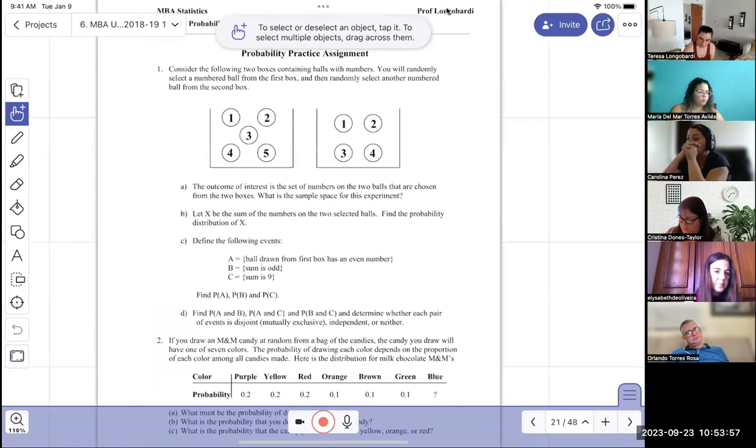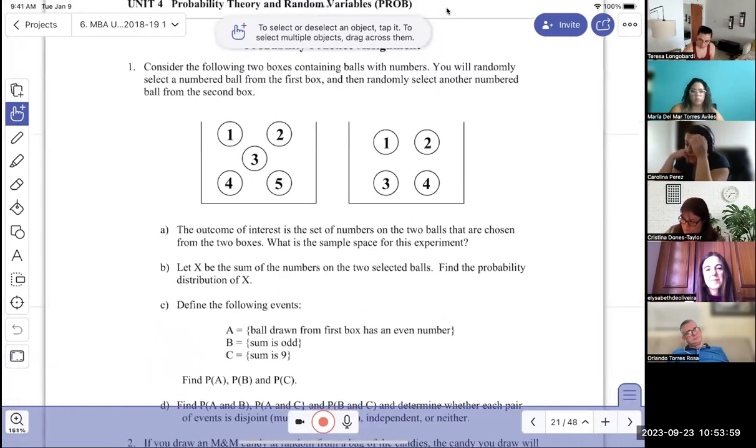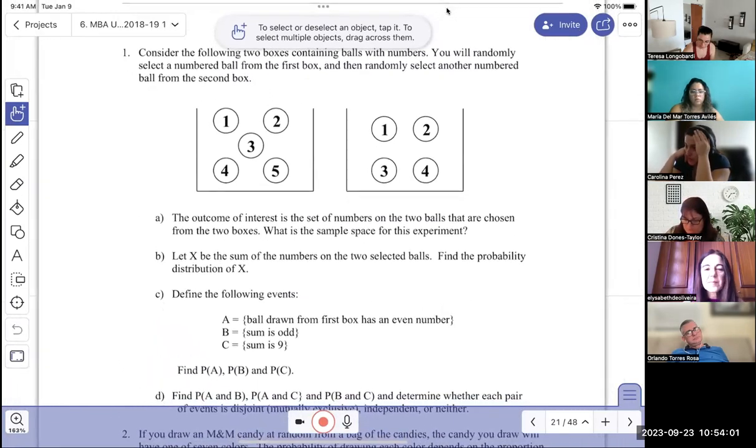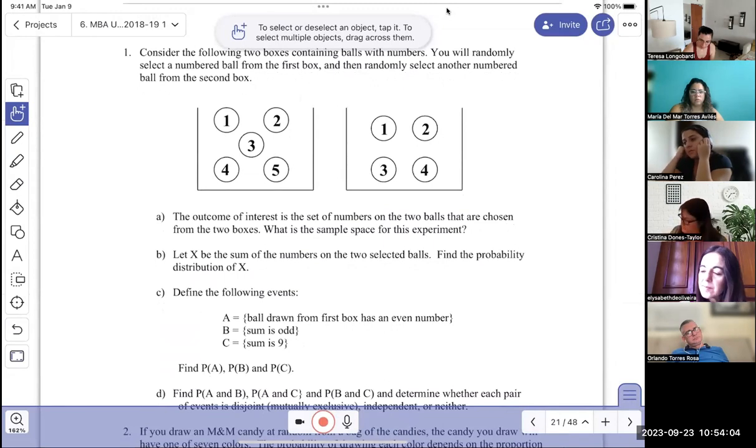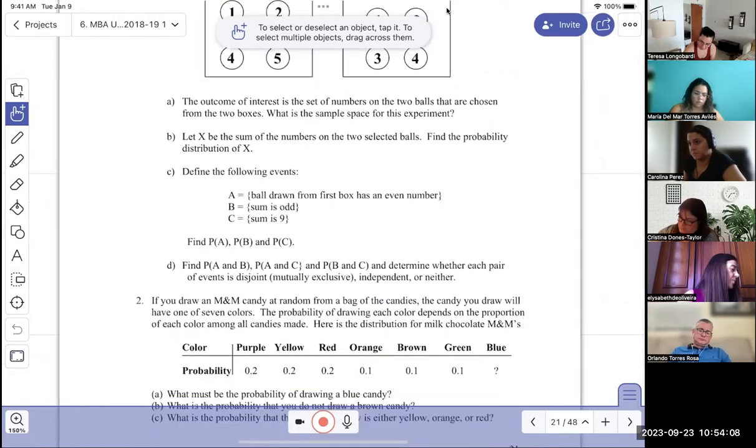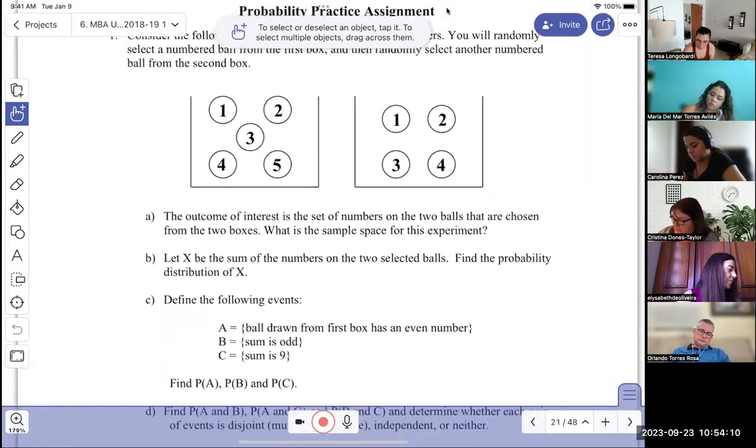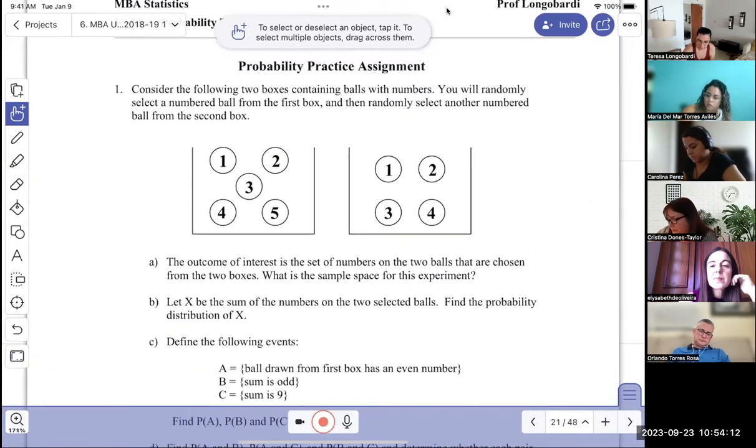So look at all that, and I wanted to go here. This is where I wanted to go. The balls in the box problem. So this is the review at the end. It's on page 21. How many of you did this?